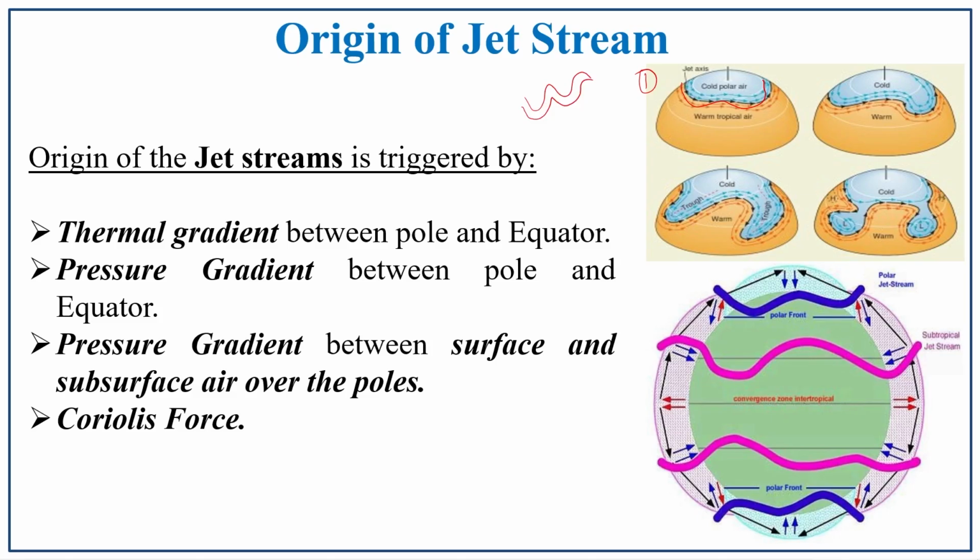In the same way here also you have the meandering process in the jet stream. In the second stage you have the meander formation, and then because of the intensity of the wind, the meandering becomes somewhat higher.